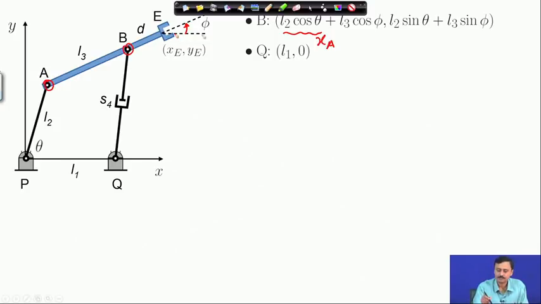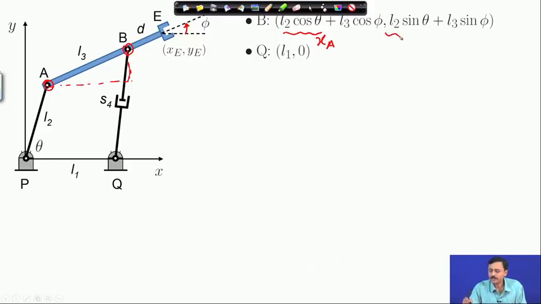So, that is phi. So, I relate the coordinates of point B in terms of theta and this phi. I have brought in this additionally, which I will show you how to calculate. So, the first term L2 cos theta is the x coordinate of point A, plus L3 cosine phi is this projection.